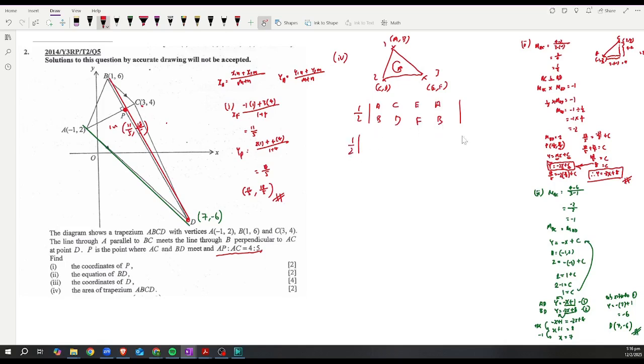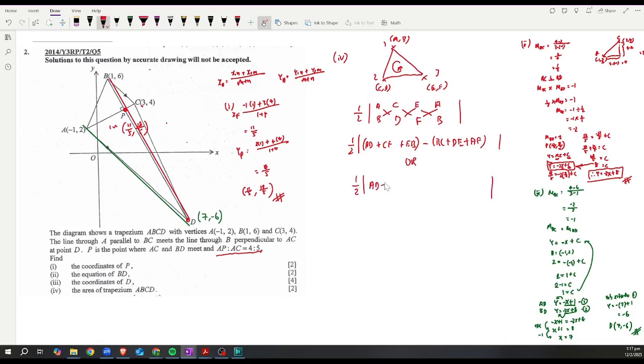Then we have to take AD, A times D, plus C times F, plus E times B, and then either you use brackets, so let's say we use brackets, then we will subtract B times C plus D times E plus F times A. If you don't want to use brackets, then just make sure you do this.